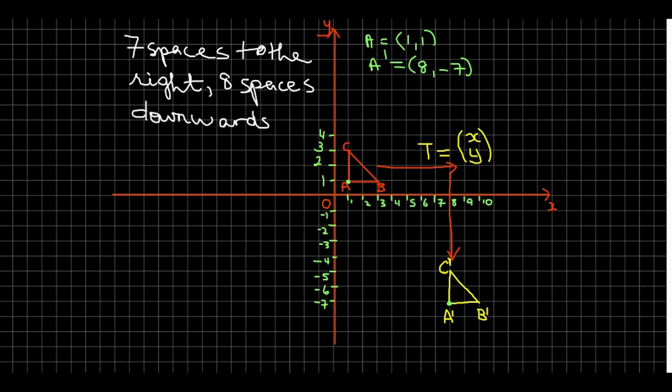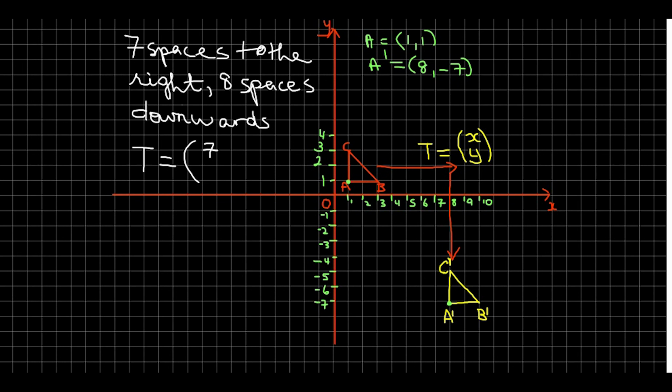Now, if I want to write a translation vector, I'm going to combine this information that I have and put it into a translation vector. And the translation vector T would be 7, yeah, if it isn't 8 to the right and 7 down, no, it wouldn't be, because you're comparing the location of the point A and A prime.